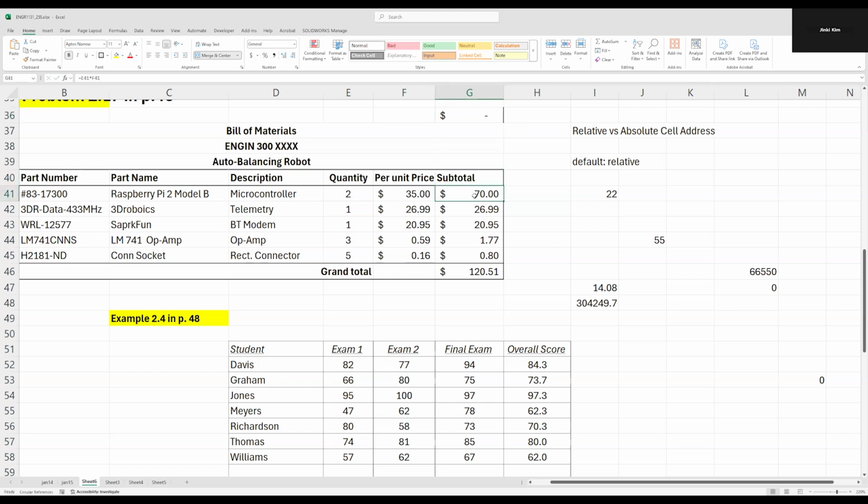However, if I had this equation like that, or let's just have one. If I'm putting a dollar sign in front of this 41, it means this horizontal line 41 is being locked.